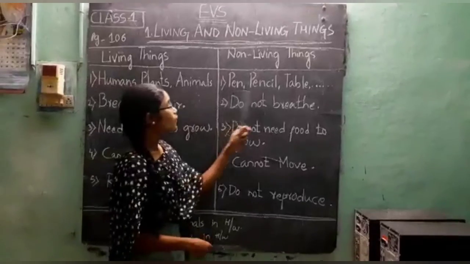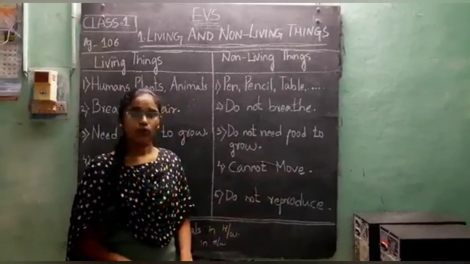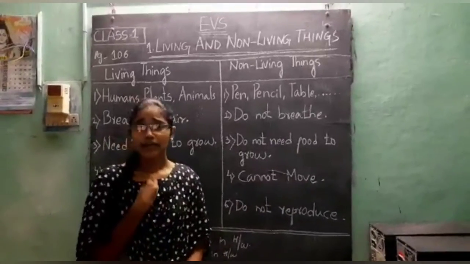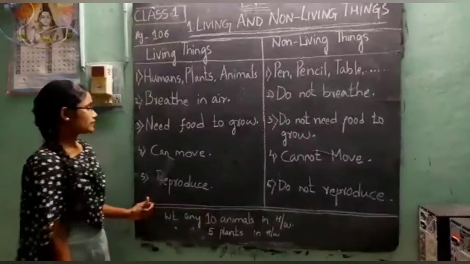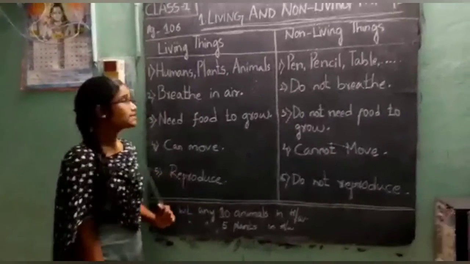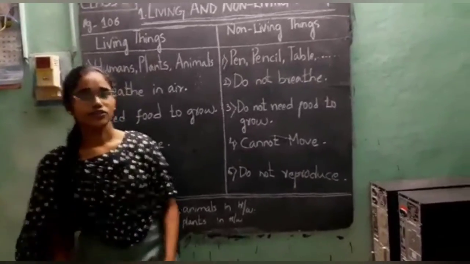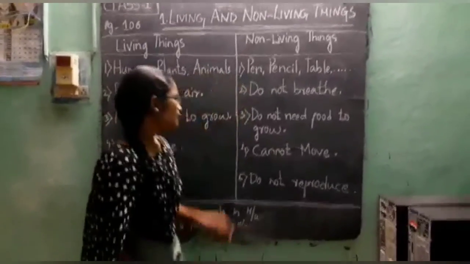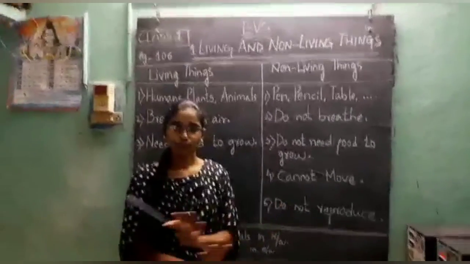Whereas non-living things do not need food to grow because they don't have life in them. Next one, they can move. The living things can move from one place to another, whereas non-living things cannot move.